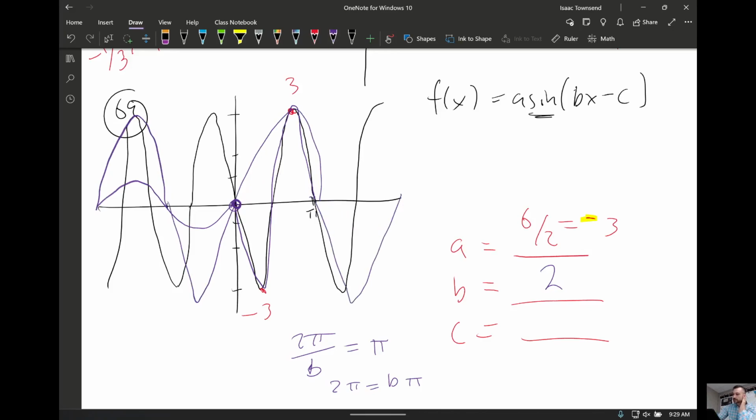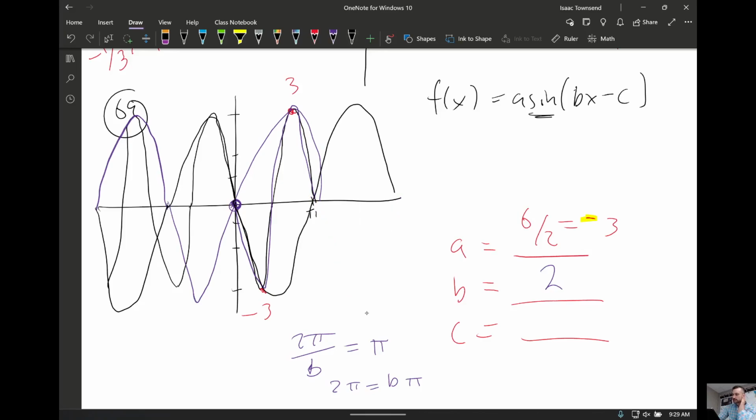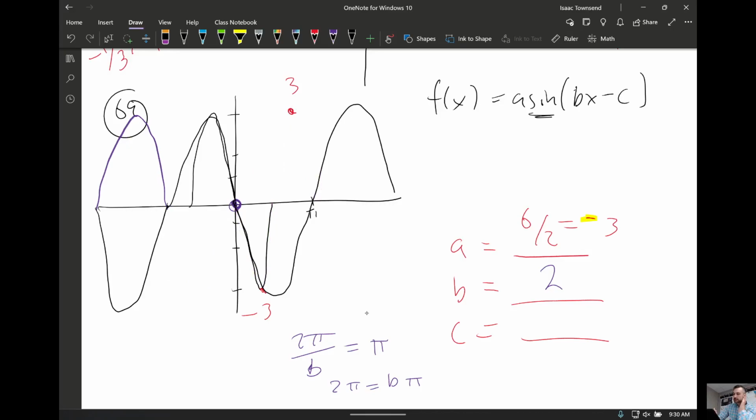There's 3 sine. Try to get the rest of this mess out of there. There's negative 3 sine. Oh, I probably shouldn't have erased the original graph.